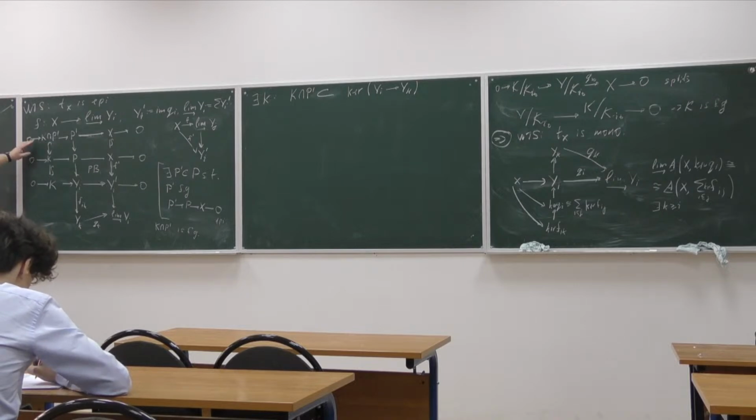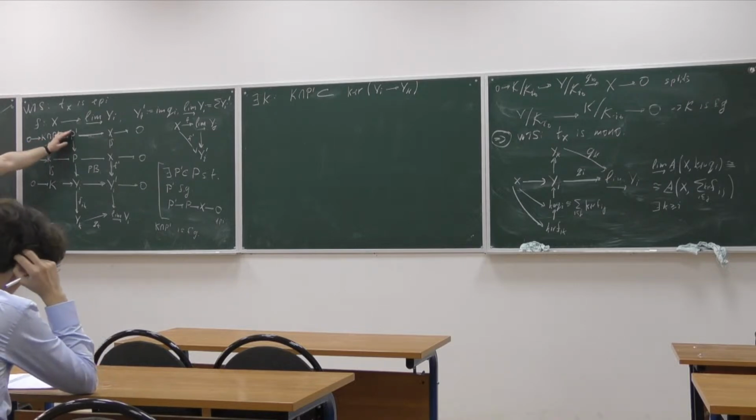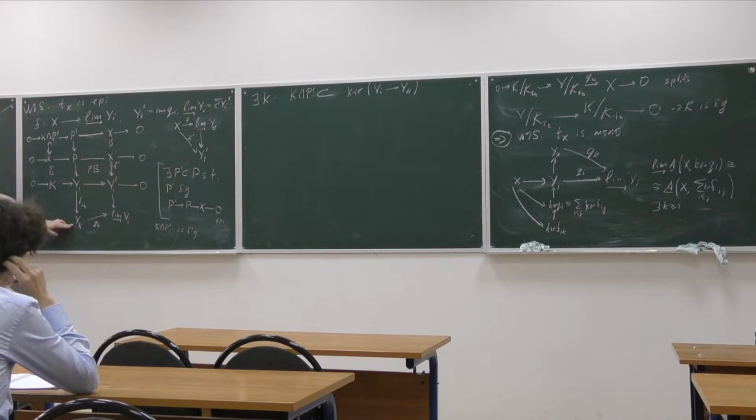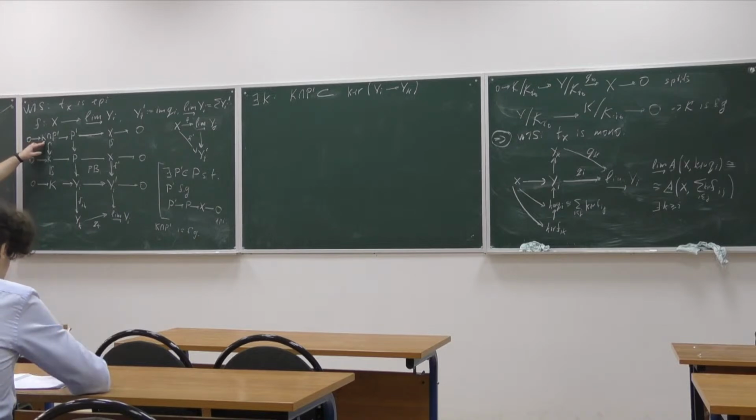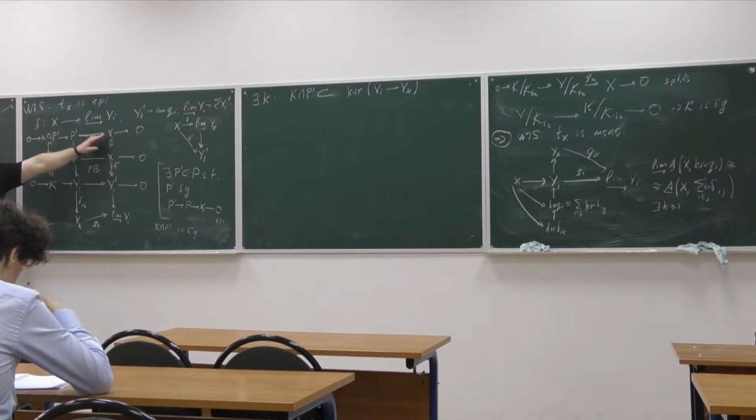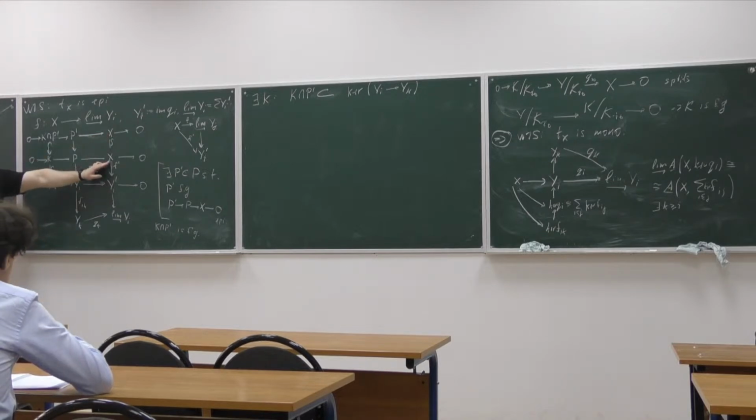Now we look at this map from p prime to yk. When restricted to this object, we get 0. This means that this map lives on the cokernel, on the x, which we can identify with this x.